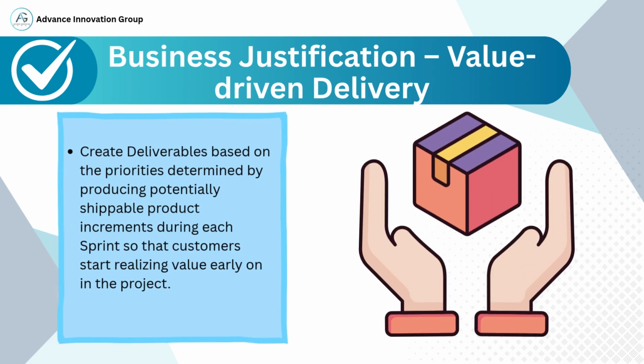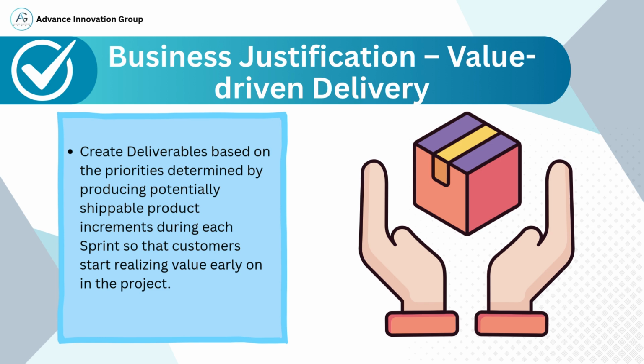In Scrum, the idea is to deliver value early and continuously. This is done by creating deliverables based on priorities, as defined in the prioritized product backlog. During each sprint, the team works on potentially shippable product increments, which are usable and demonstrable.